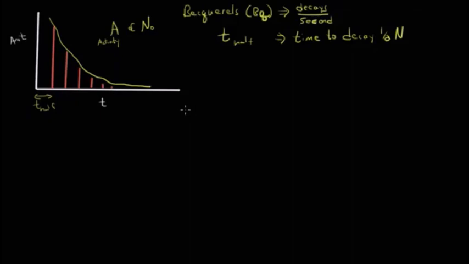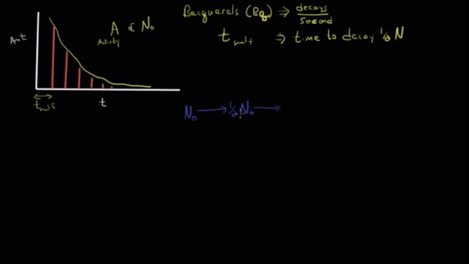So let's look at how to figure out how many half-lives something has. We have a kind of a formula that you can basically just come up with in your head. You have your original population. Over one half-life, half of that will decay, so you'll have half of your original population.